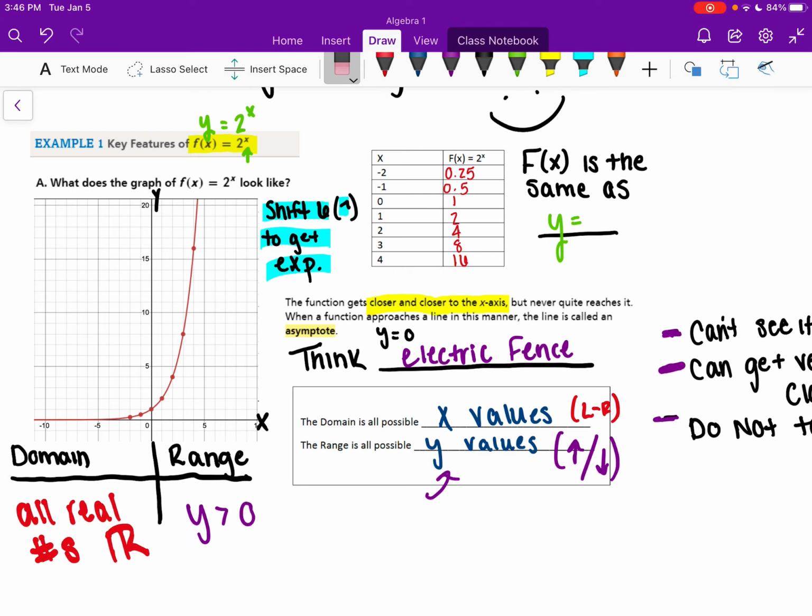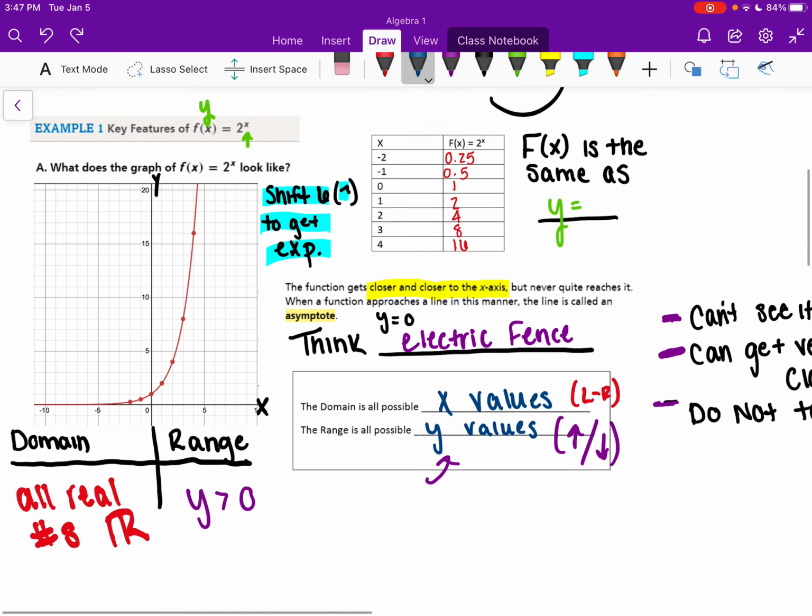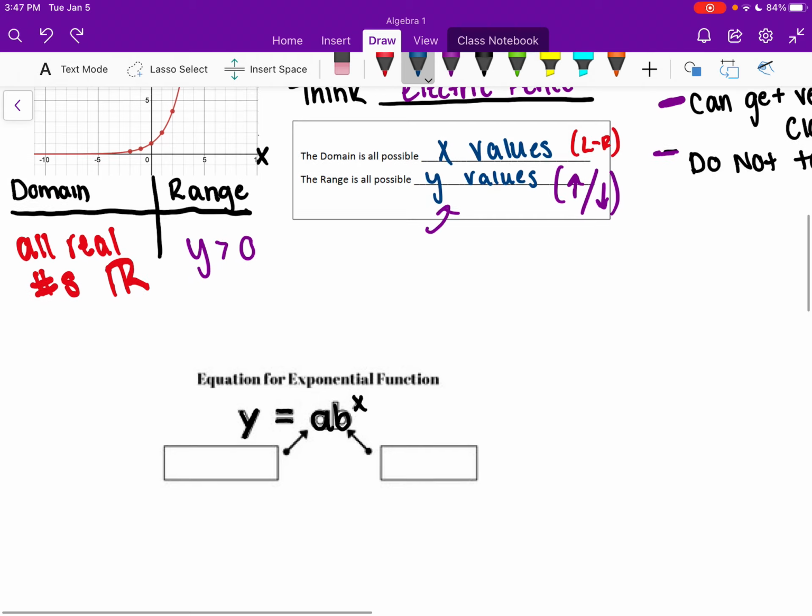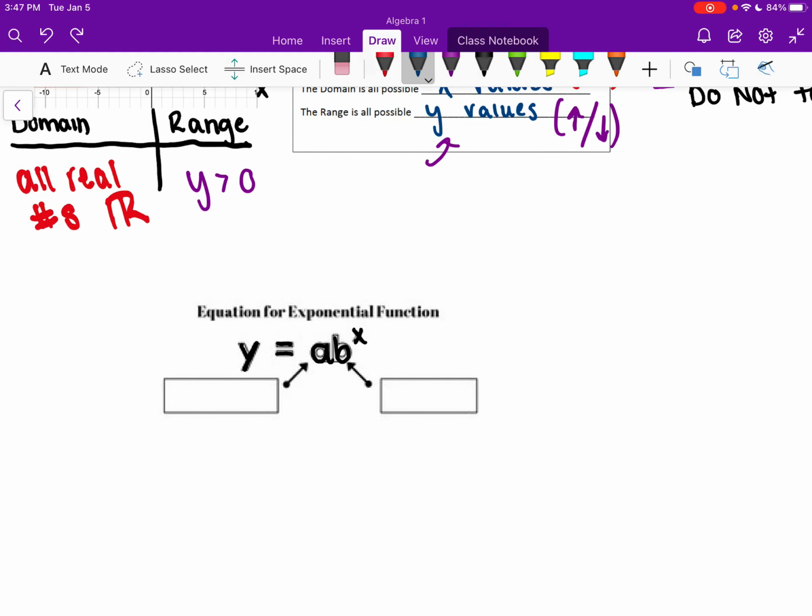You could play around in Desmos and change the base of the exponent. You could change that base and you'd still see that we can move side to side, but we are limited up and down. So let's learn more about exponential functions. Now that we know what they look like, they have a very standardized equation, where it's y equals some number a times some number b to an exponent x.